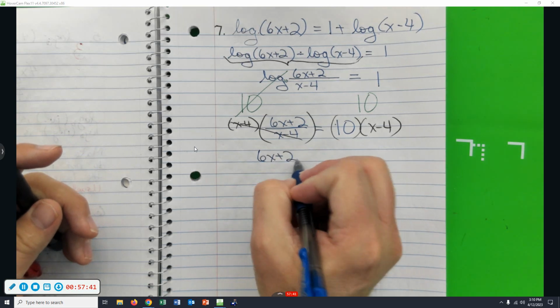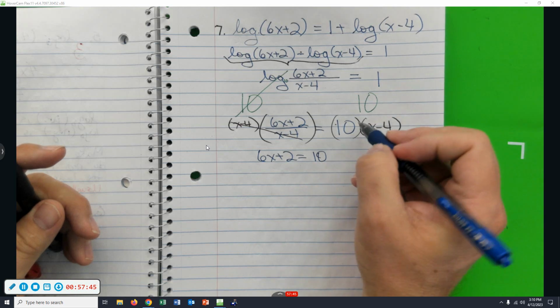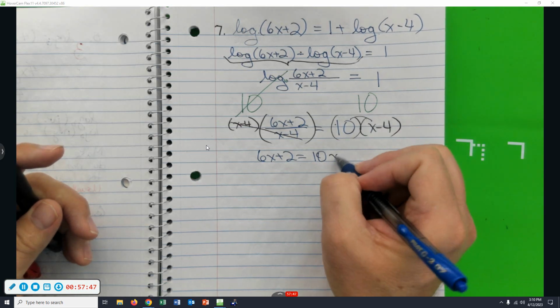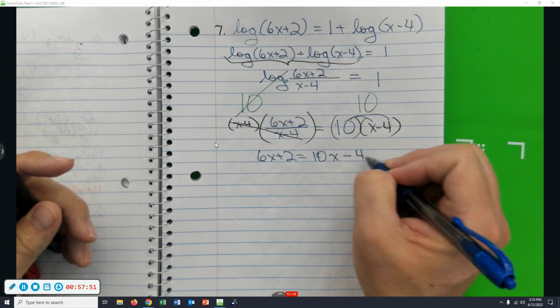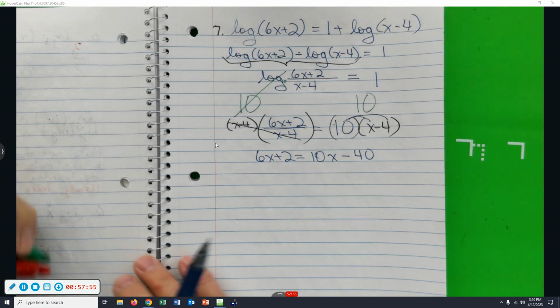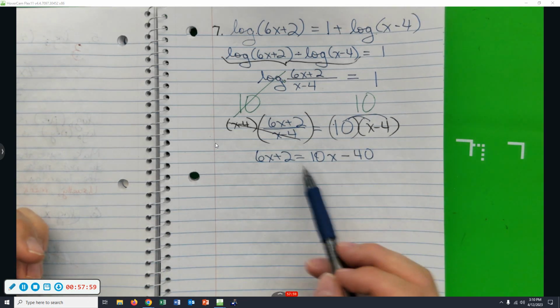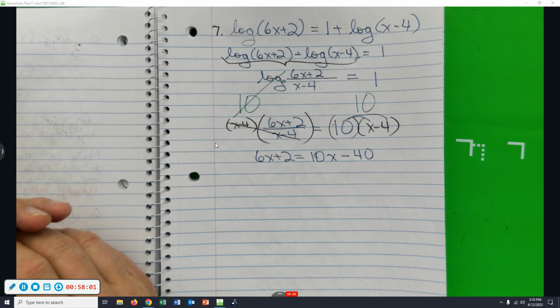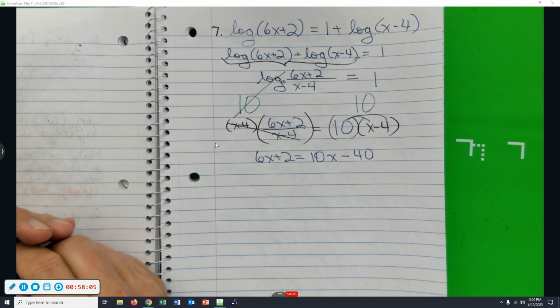I agree. Equals 10. Oh, no. 10x, remember you got to distribute, minus 10 times 4. You were just going to say 10 times x minus 4 and make another step. She was just going to say 10 times x minus 4 and then make a separate distributive step. So I'm feeling lazy. I put it all on one line.